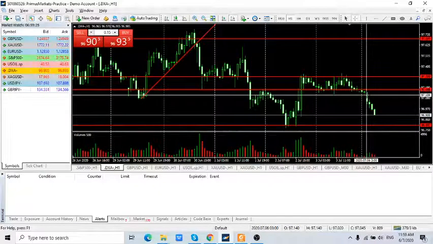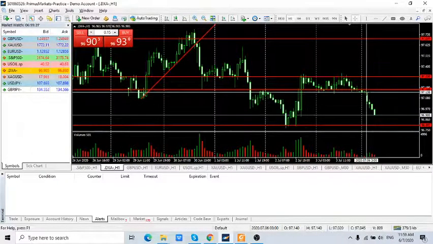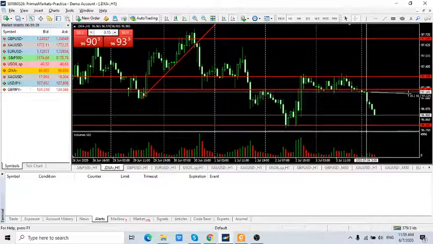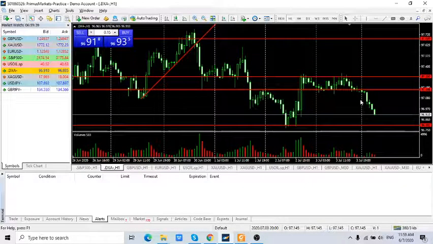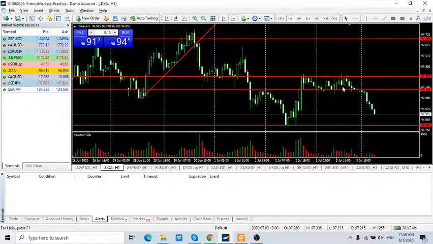So this morning at 8 a.m., the US dollar weakened from 97.14 all the way to the current level of 96.90. It looks like it could come to test this support level. Last Friday again the US dollar index was not moving much due to the US markets being closed.